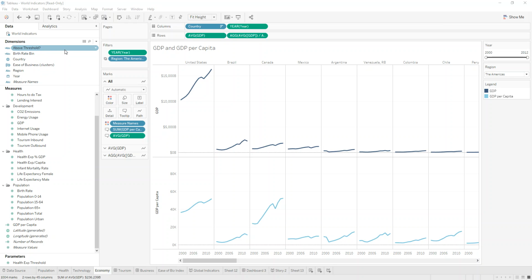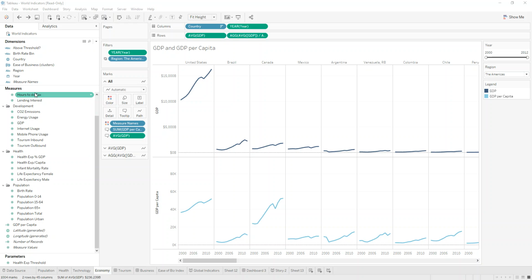So in the world indicators data set, the dimensions that Tableau has identified are bins for thresholding in histograms, countries, clusters for ease of business, regions, and years.